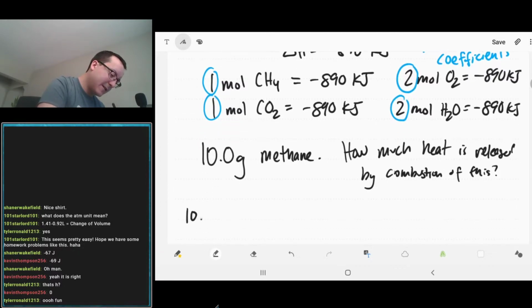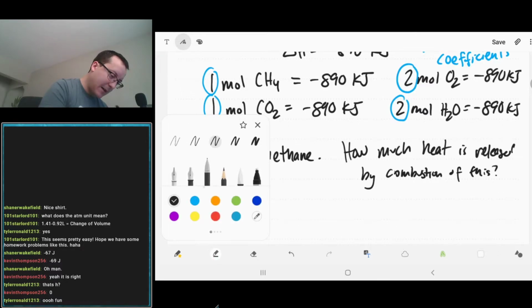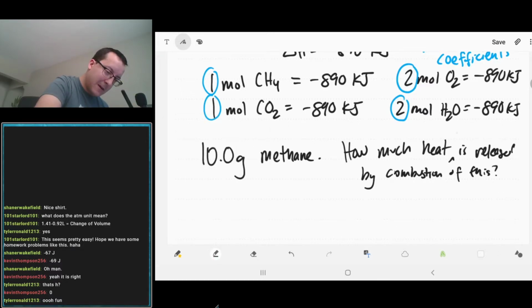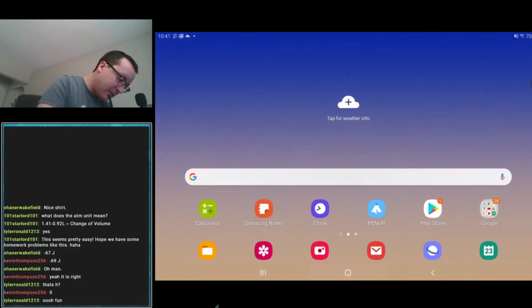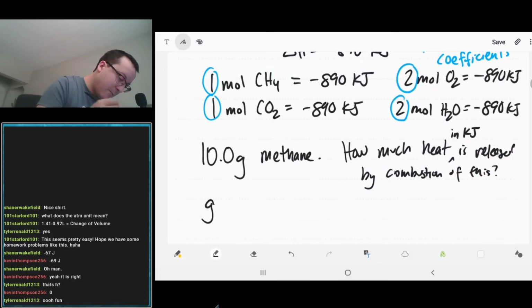So, just like always, let me plan it first. And let's say in kilojoules, just so we have a unit for us. So we are starting with grams. We want to end up with kilojoules.